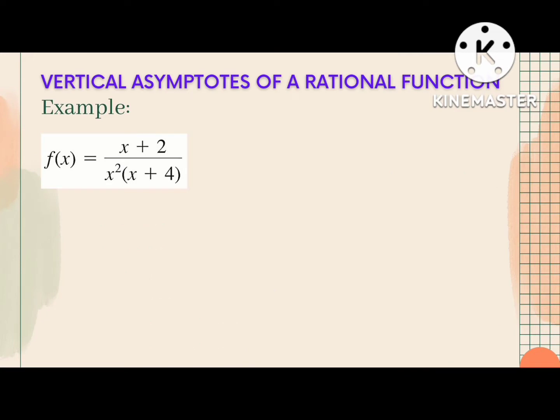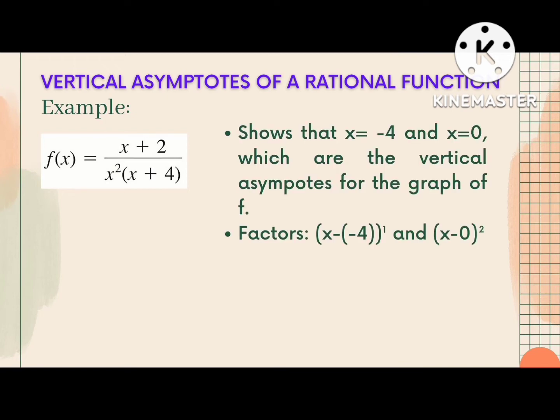An example of a vertical asymptote of a rational function is f of x equals x plus 2 over x squared times quantity x plus 4. This function shows that x equals negative 4 and x equals 0 are the vertical asymptotes for the graph of f.